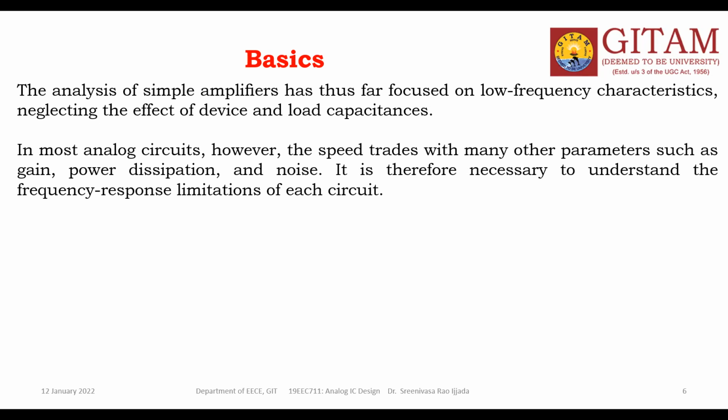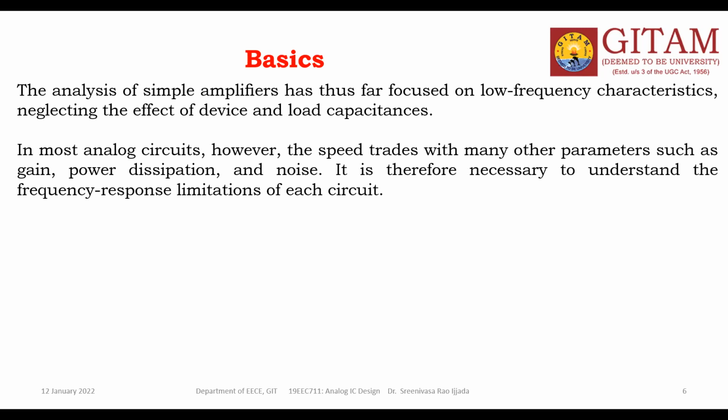So in most analog circuits, the speed of the circuit is traded with many other parameters. I'm talking about only the circuit, of course. So it depends on many parameters. What are the parameters which influence the speed of the circuit? The first thing is gain, power dissipation, and noise.